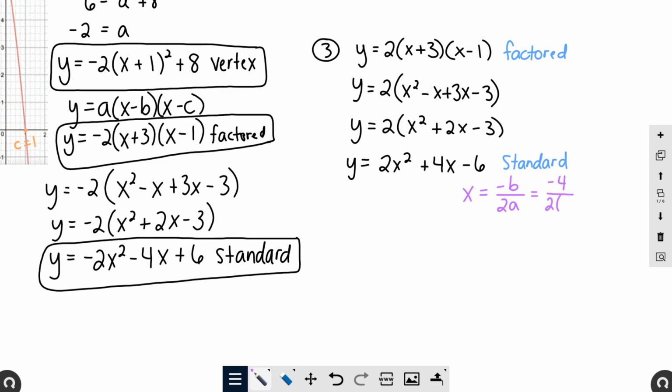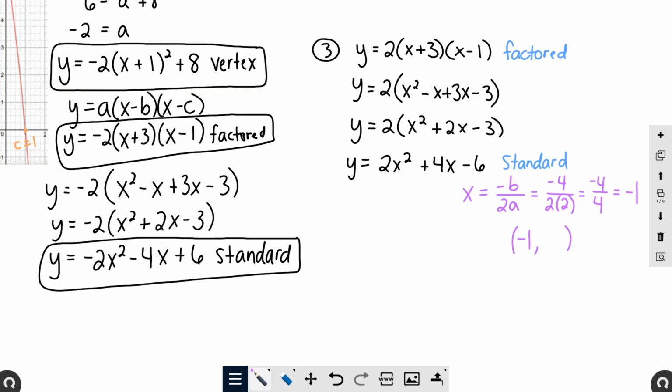Over 2 times 2. What's 2 times 2? 4. What's -4 divided by 4? -1. Now, what do we do with that number? You plug that in because that is the x part of your vertex.